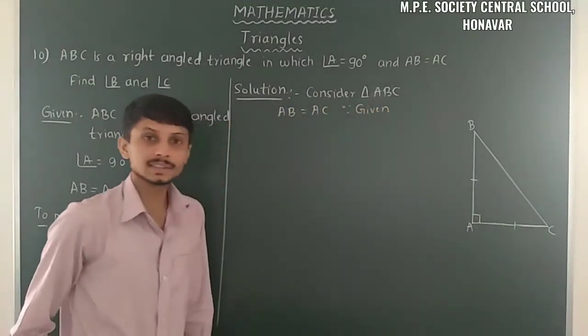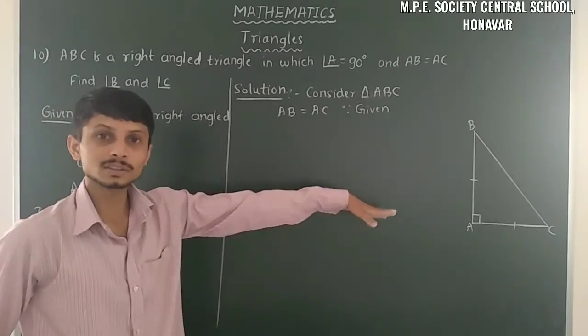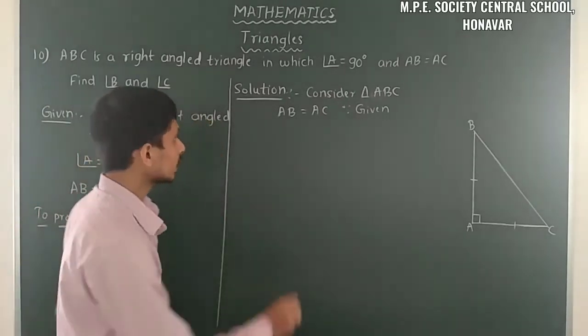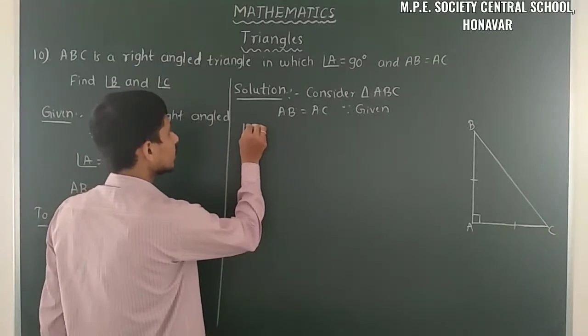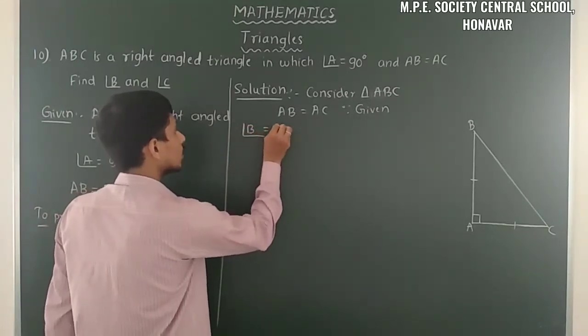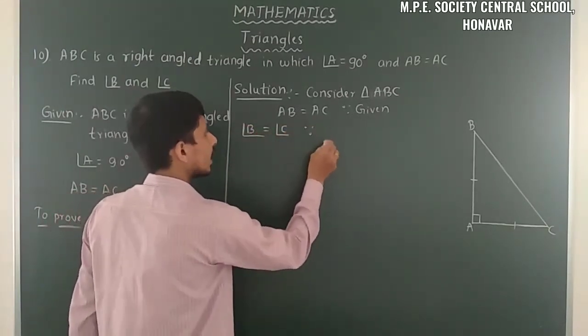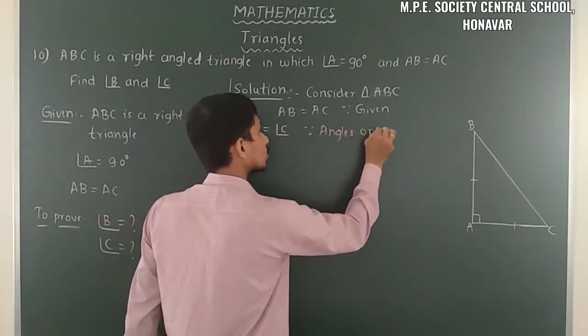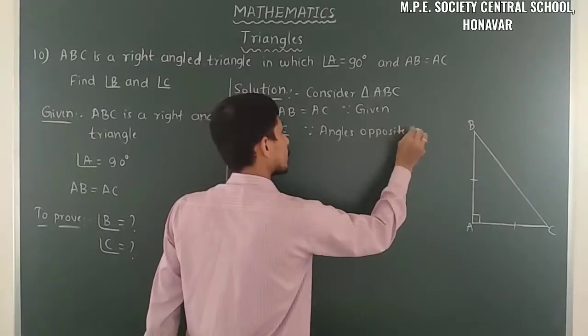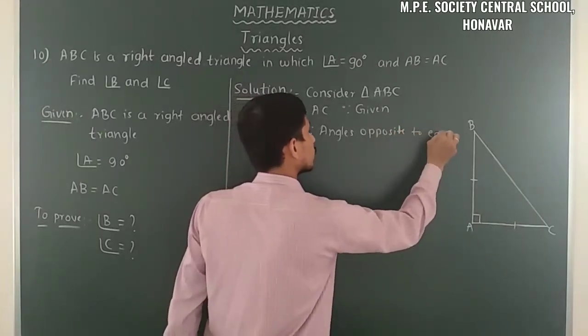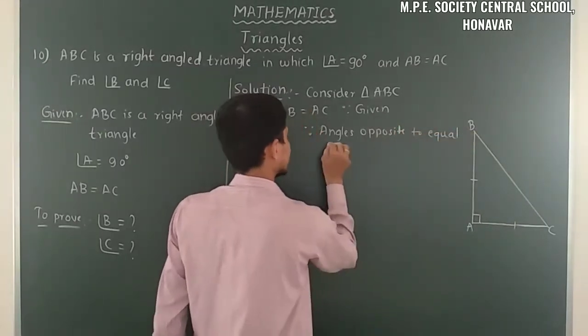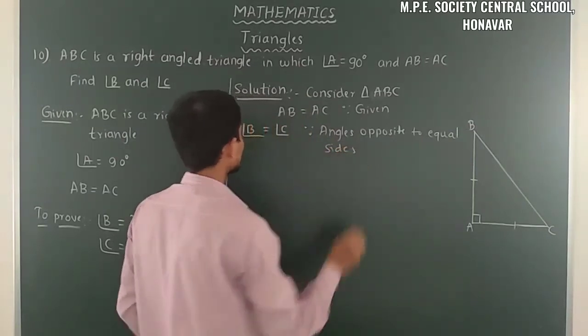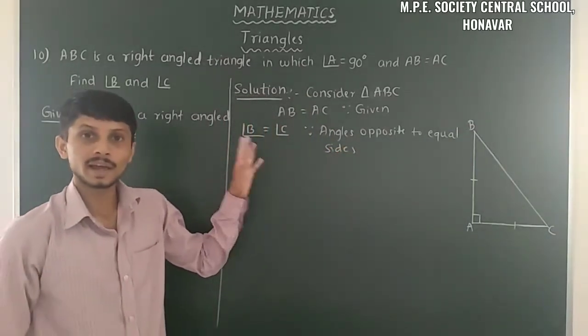So we can easily write angle B is equal to angle C because angles opposite to equal sides are equal. So we have angle B is equal to angle C.